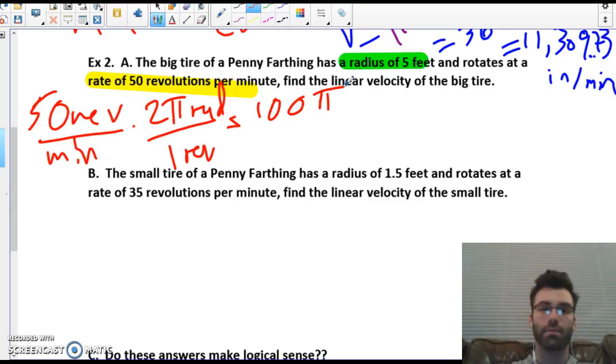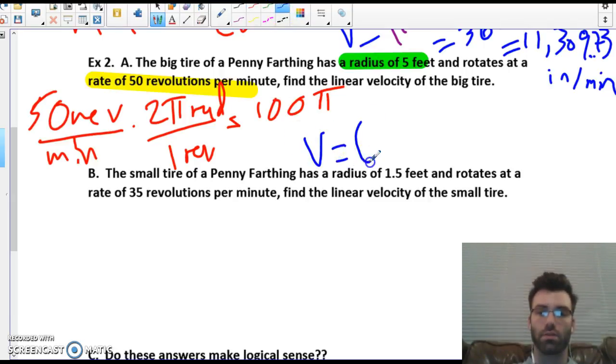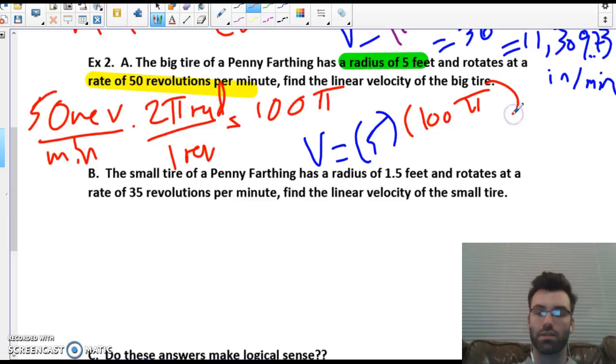All right. Now just multiply that by a radius. So V equals 5 times 100. And I'm writing on a slant so I can fit this in my actual picture here. So 5 times 100 is 500 pi.